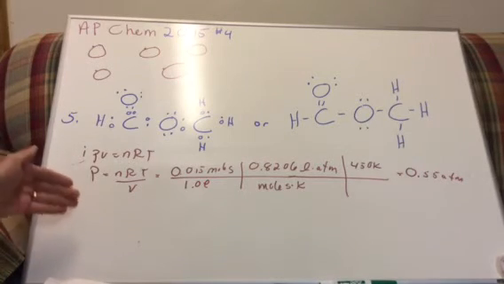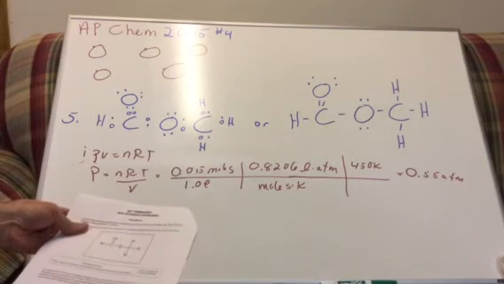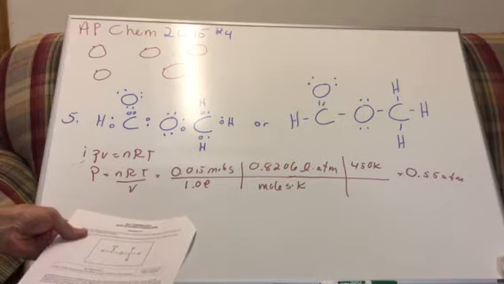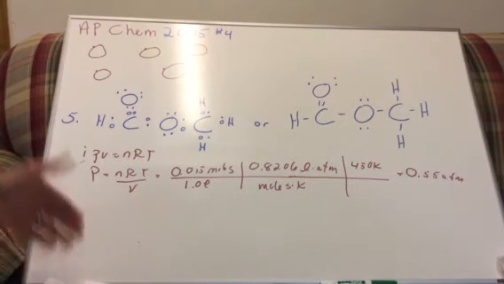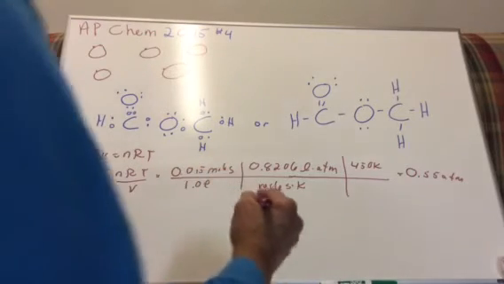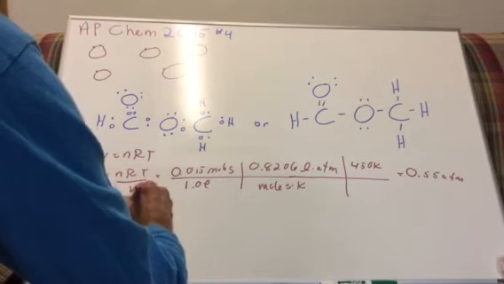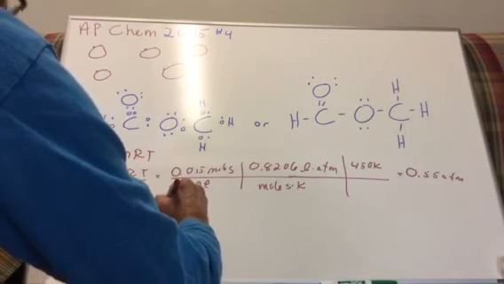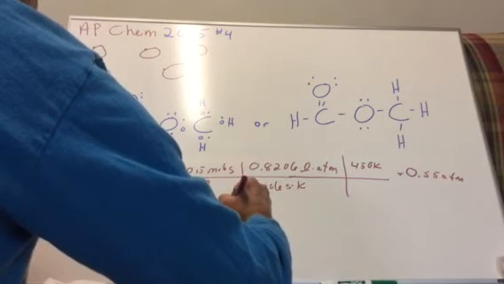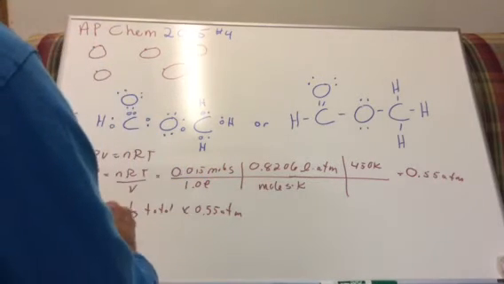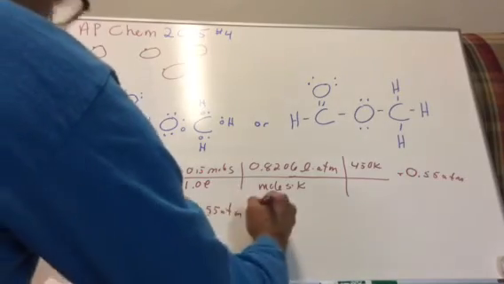I looked at the mole fraction from that reaction because you go back to that part. It says assume that when the equilibrium is reached, 50% of the ethanoic molecules have reacted. So I basically said that the product is 1/3 of the total, times 0.55 atmospheres. And therefore the reactant is 2/3 times 0.55 atmospheres.